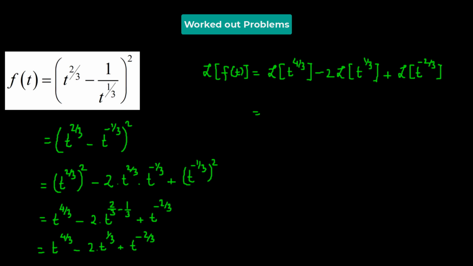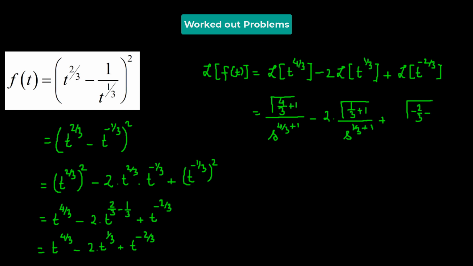The 4/3 being a rational number, we have gamma of 4/3 plus 1 divided by s raised to the power of 4/3 plus 1, minus 2 times gamma of 1/3 plus 1 divided by s raised to the power of 1/3 plus 1, plus gamma of negative 2/3 plus 1 divided by s raised to the power of negative 2/3 plus 1.